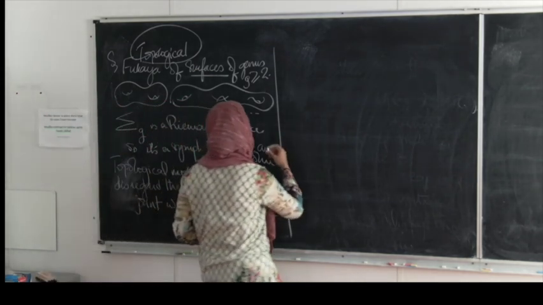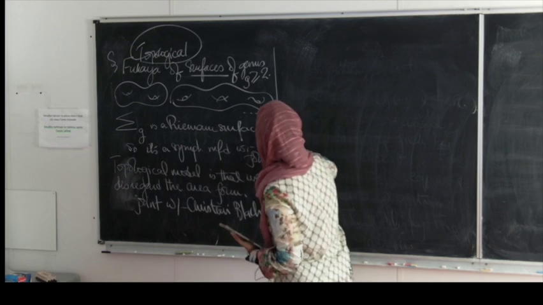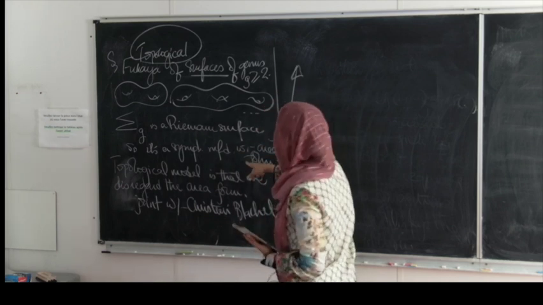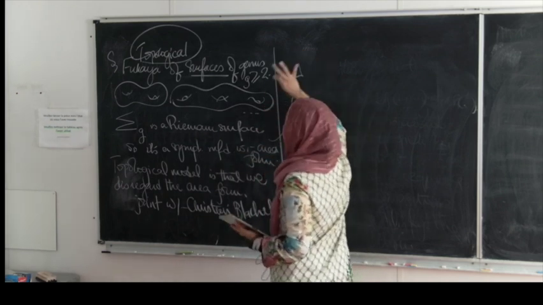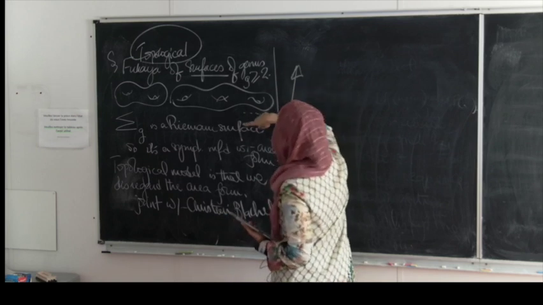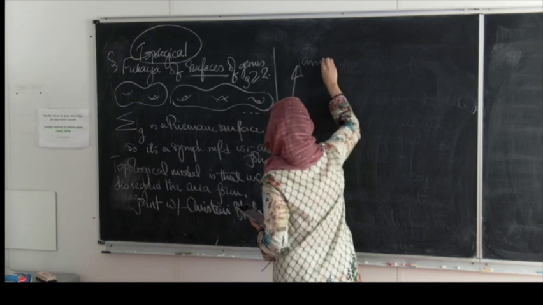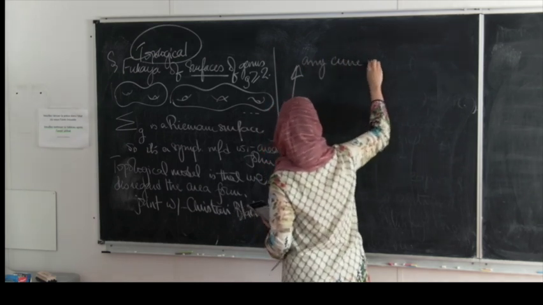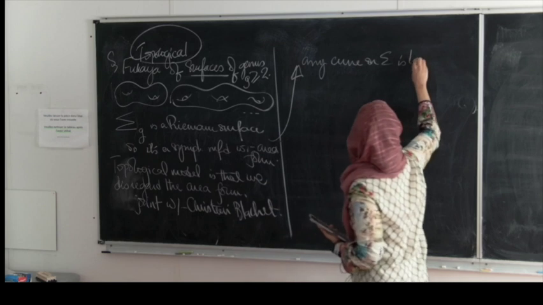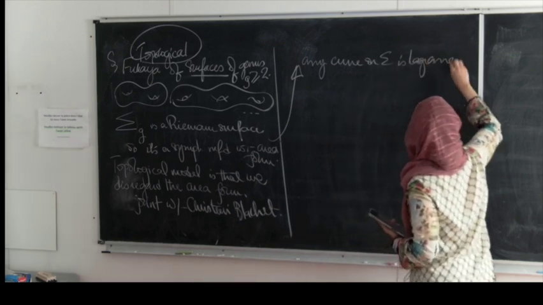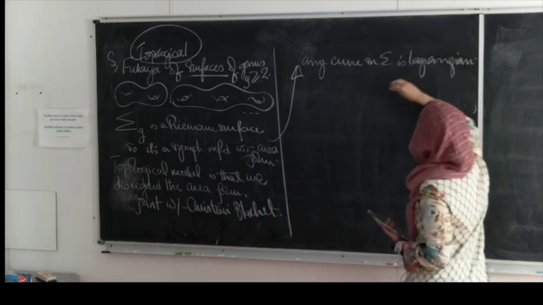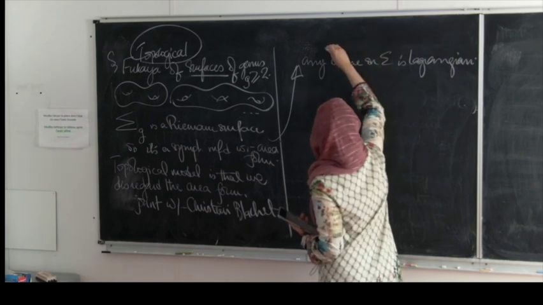But before this, maybe I should mention that in the symplectic situation, it's the same surface. If you consider it with the symplectic form, then any curve on sigma is Lagrangian. So a curve is one dimensional.